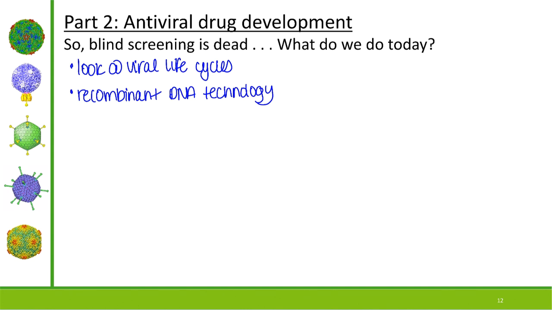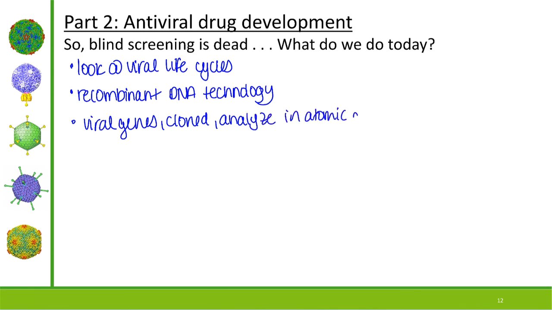So we can go ahead and do things like take viral genes, they can be cloned, and then we can analyze the gene products in atomic detail. And so oftentimes we will do this with what we think is the receptor. So glycoproteins are a really great example of this.